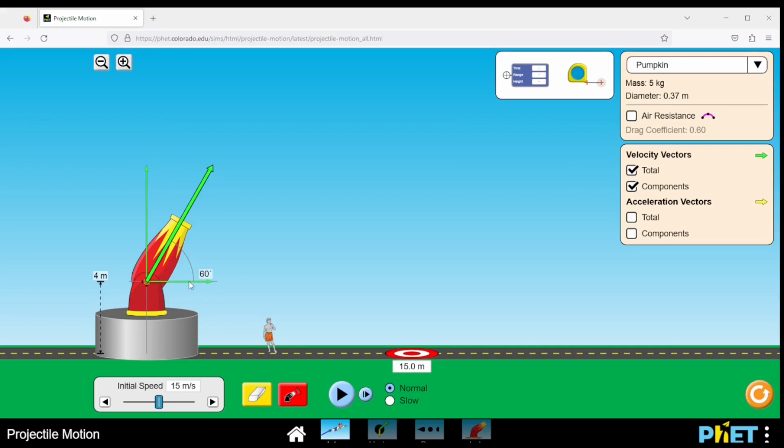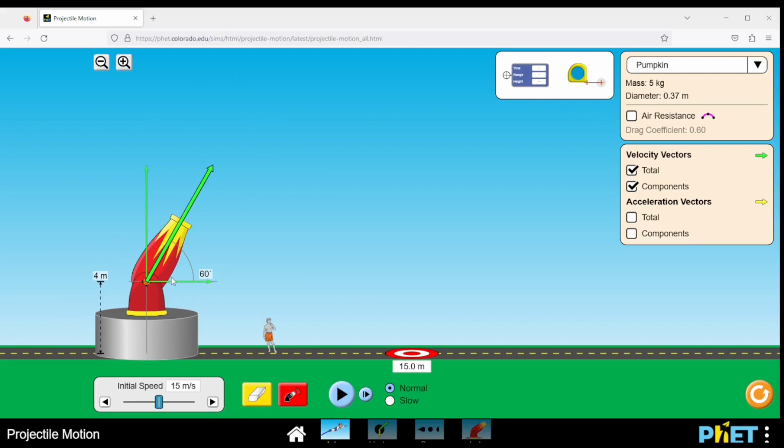So if I could take this arrow, it won't let me do it, but if I could drag it up and put the tail of the x component of the velocity at the tip of the y component of velocity, then by doing tip to tail addition of the components, the x and y component, I would get the total velocity vector. So that's how components work. If you add the components using tip to tail addition, summing the components gives the total vector. Summing components for any vector will give the total vector.